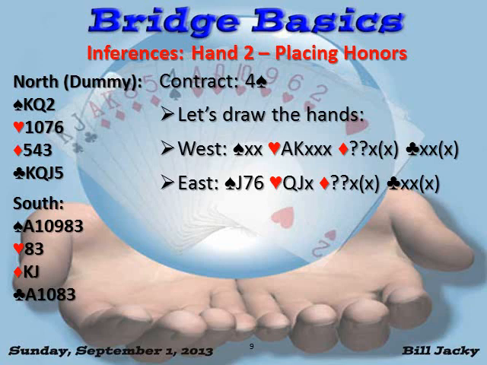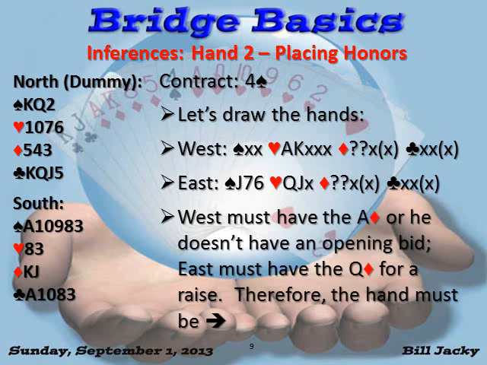He's got to have something besides what he has there, or he would not have raised hearts. And West has to have something besides ace, king of hearts to open. How can the honors be separated? West has to have the ace of diamonds in order to have an opening bid. And because of that, East must have the queen of diamonds in order to raise.